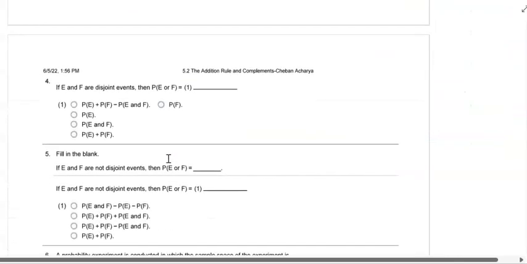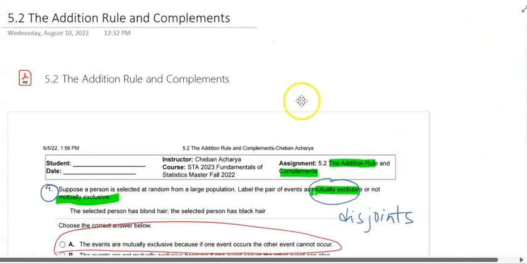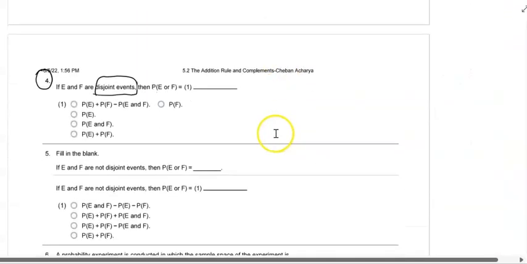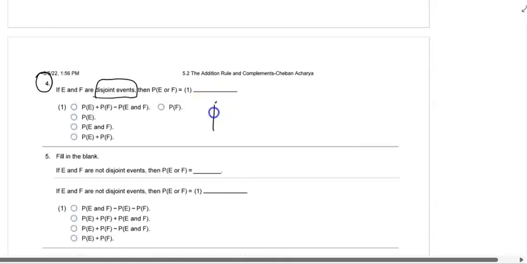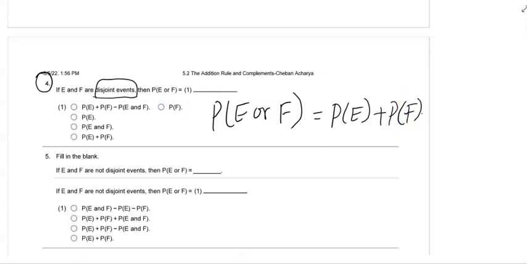Question number 4. If E and F are disjoint events, again, disjoint is the same as mutually exclusive, as I mentioned before. If E and F are disjoint, then the probability of E or F equals the probability of E plus the probability of F. That's it.